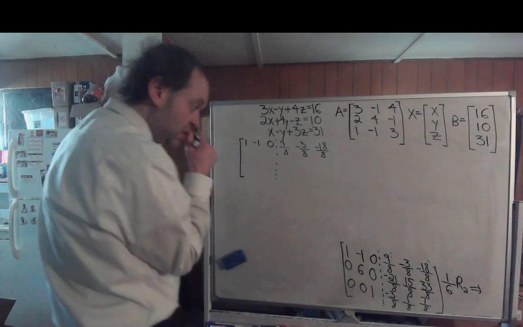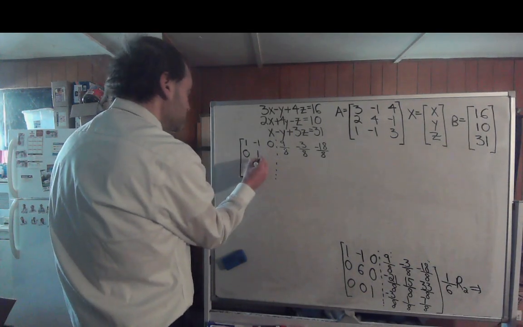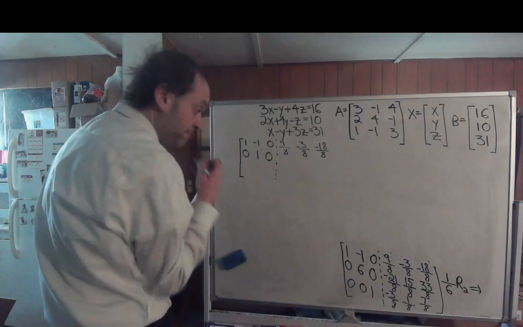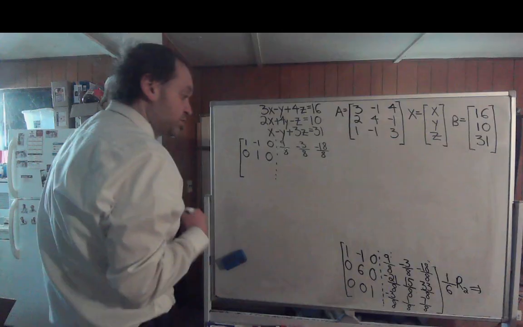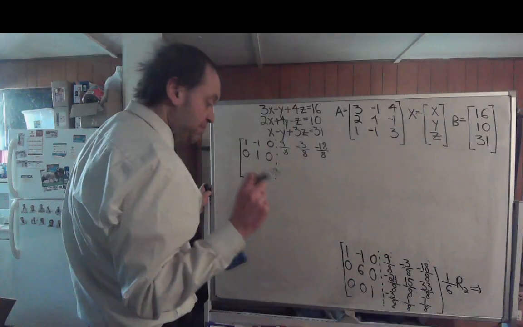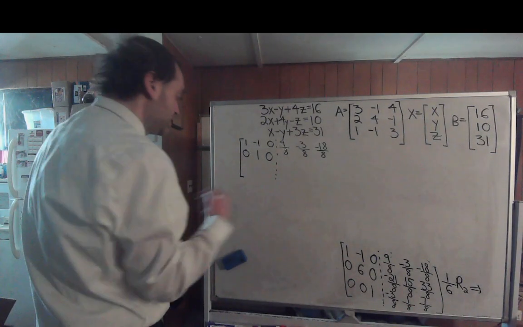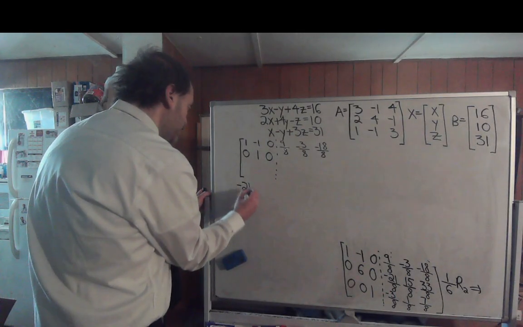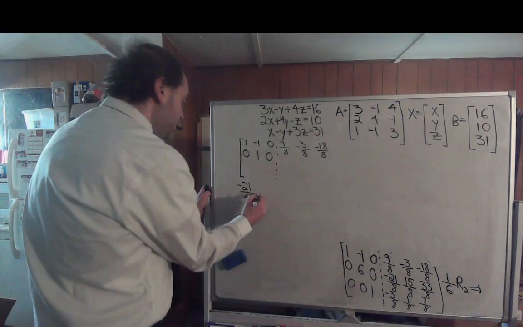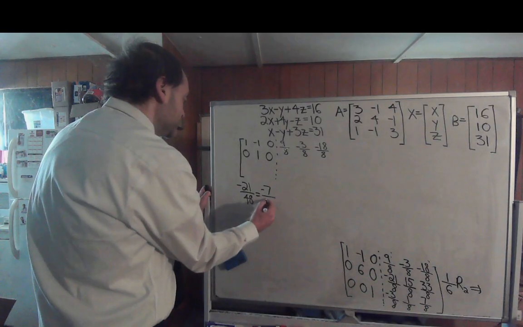So 1/6 of 0 is 0, 1/6 of 6 is 1, 1/6 of 0 is still 0, 1/6 of negative 21/8. Let's make that, for the time being, negative 21/48. If you divide each by 3, you'll end up getting negative 7/16.